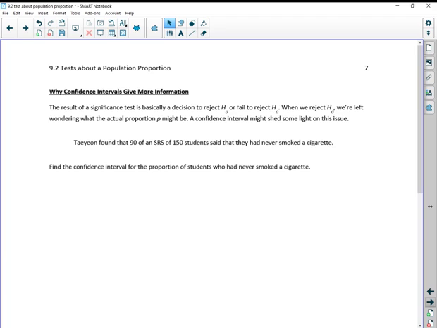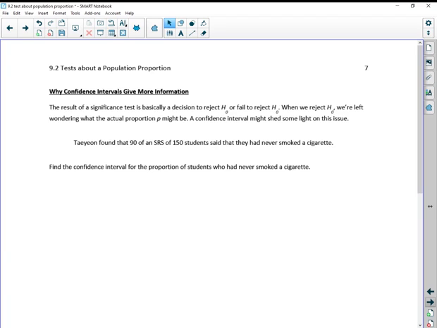But why do confidence intervals actually give you more information? It's because, instead of just making a decision, I'm going to reject this, I'm going to not reject this. Remember, we never accept something. The confidence interval gives you a window of maybe some reasonable values that might have been the true value.